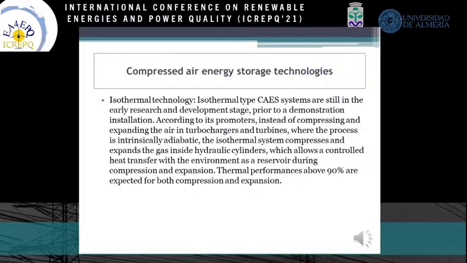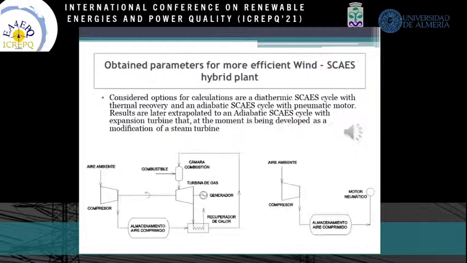According to its promoters, instead of compressing and expanding the air in turbochargers and turbines, where the process is intrinsically adiabatic, the isothermal system compresses and expands the gas inside hydraulic cylinders, which allows a controlled heat transfer with the environment as a reservoir during compression and expansion. Thermal performance above 90% is expected for both compression and expansion.